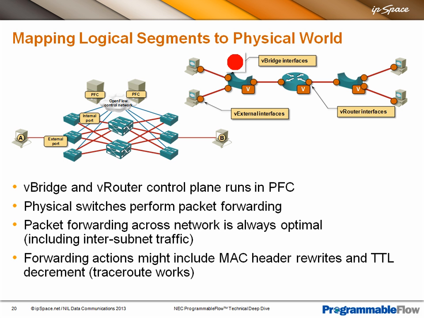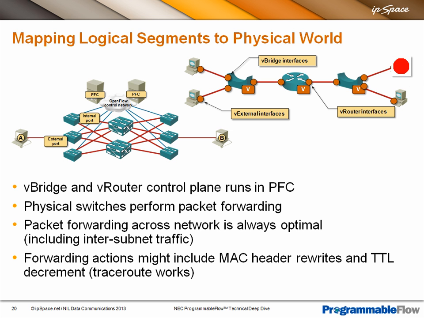This virtual network is mapped on the physical topology, as I explained before, in an optimal manner where the ingress edge switch does most of the heavy lifting on the external port, including things like MAC header rewrites for routing and TTL decrement for routing.